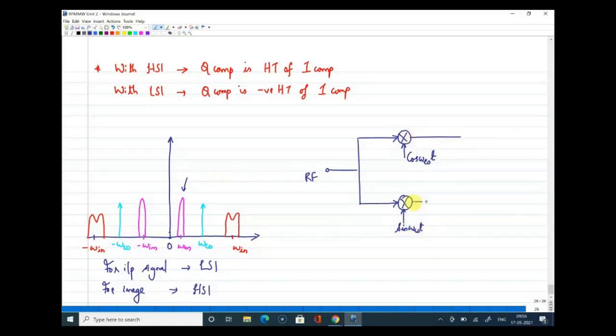So if I perform this, I will get the in phase component, where the signal is basically omega in. There will be an in phase component for the signal. Also, I will have an in phase component for the image, right? Because image is not rejected in this case. I haven't done anything to reject or cancel the image, so image will exist.